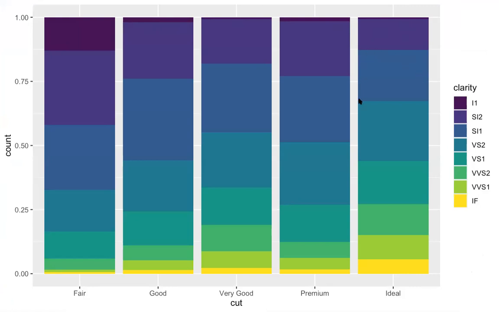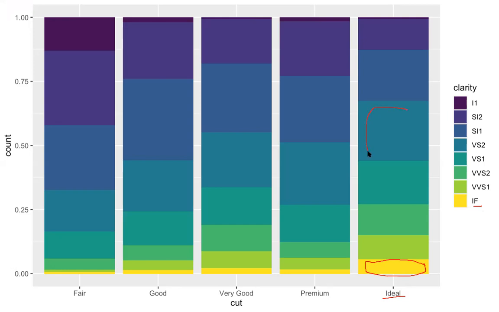And each rectangle now is showing the percentage of clarity for that specific quality of cut. Again, if you look at the yellow rectangle here, it shows us the percentage of clarity IF out of all the ideal cut diamonds.